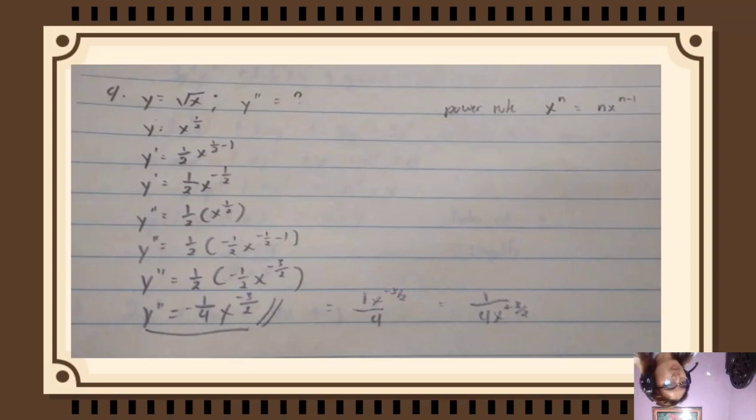So, therefore, para makuha natin yung second derivative, ginagamit natin siya ng power rule, ito, yung nx raised to n minus 1. Kaya, ganyan ang nakuha natin. Okay? So, dito tayo sa second derivative. So, ayun na nga.